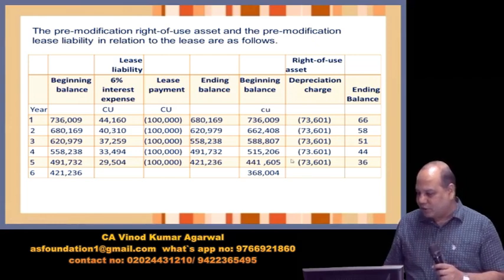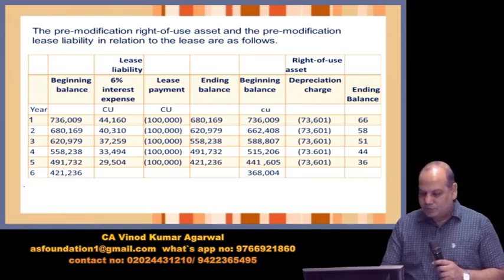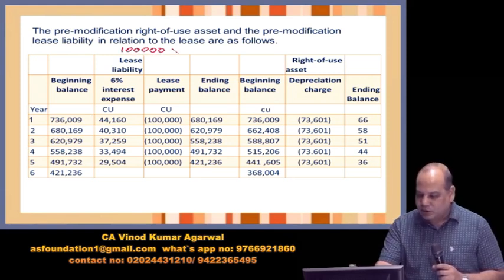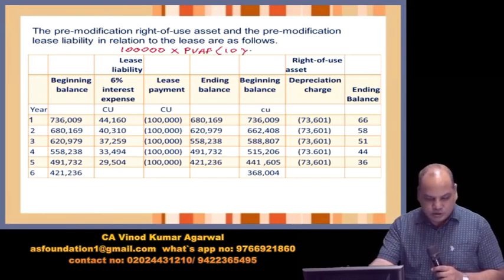Asset you can directly find out in one line also. So first you have to find out what is the opening lease liability. 1 lakh into present value annuity factor. Original lease term is 10 year and original discount rate is 6%.